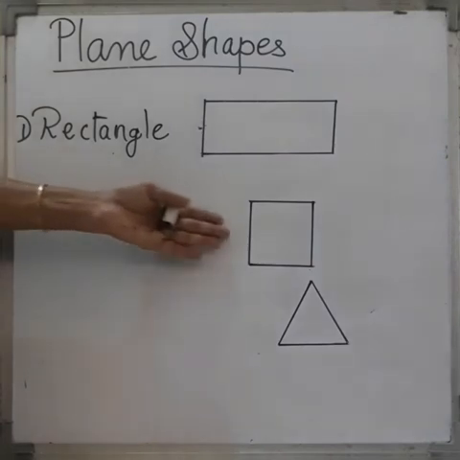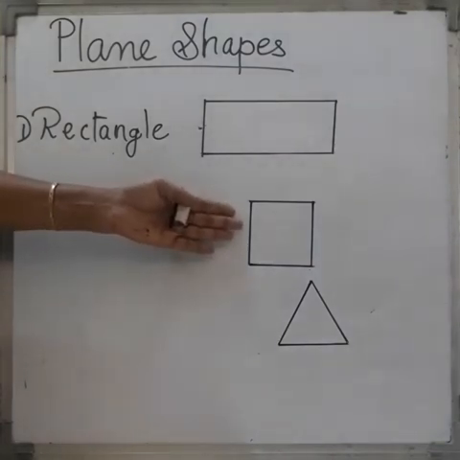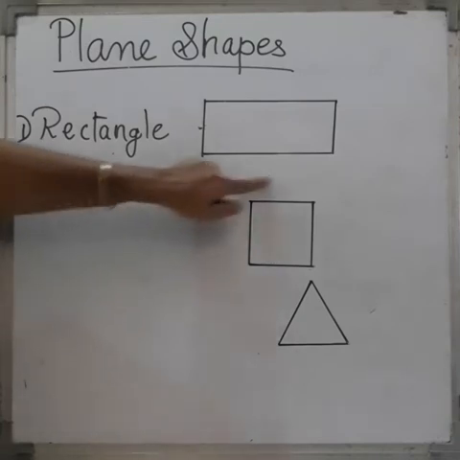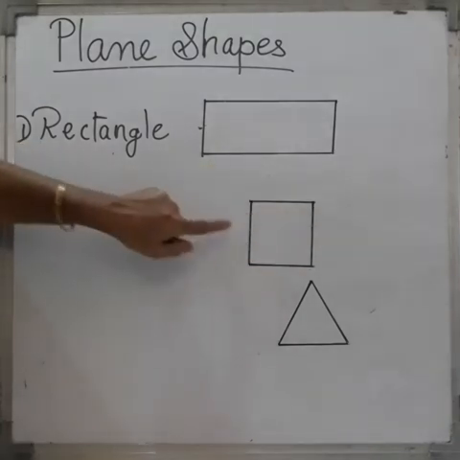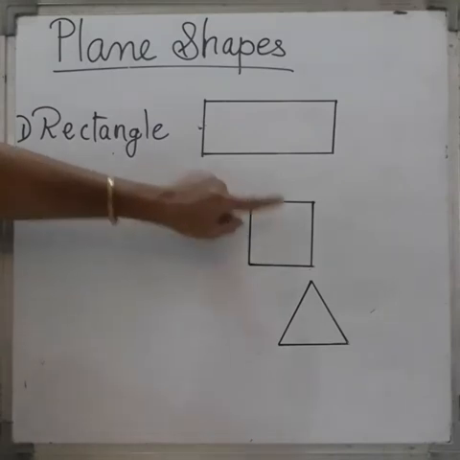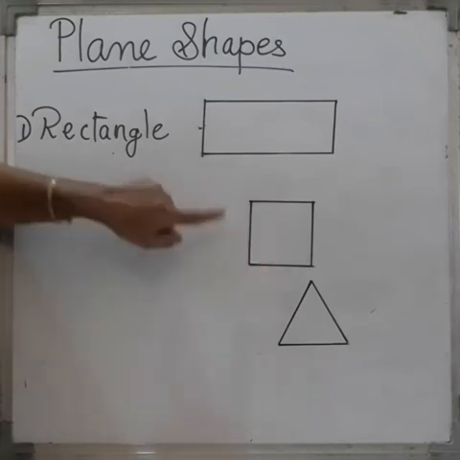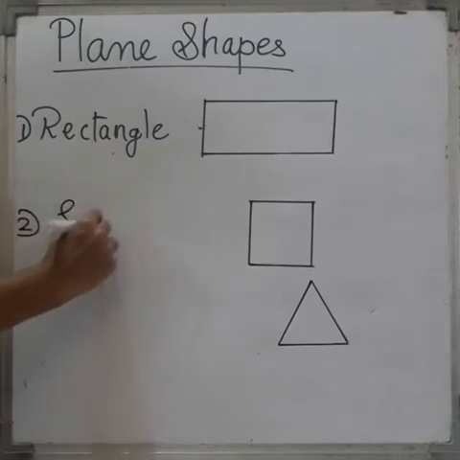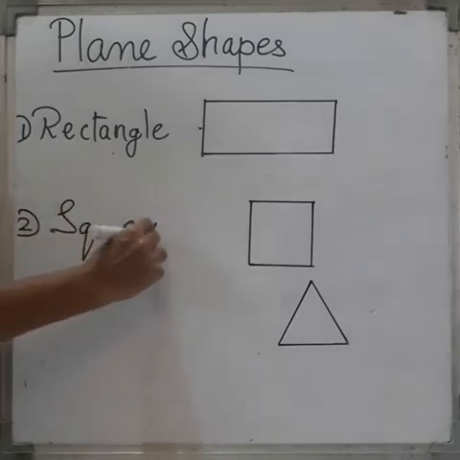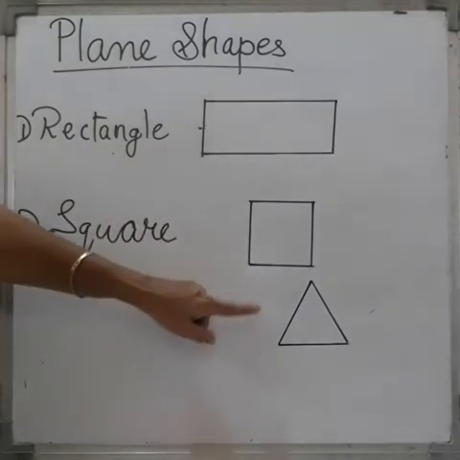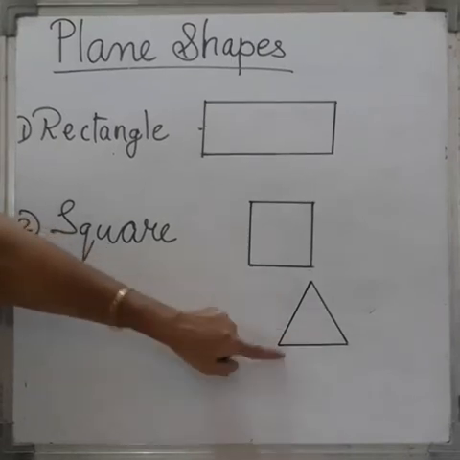Next, second one, see here. It has four sides and all four sides are equal. That means this is a square. A square has four sides and all four sides are equal. So the name of this figure is square. Third one is, see here, it has three sides.